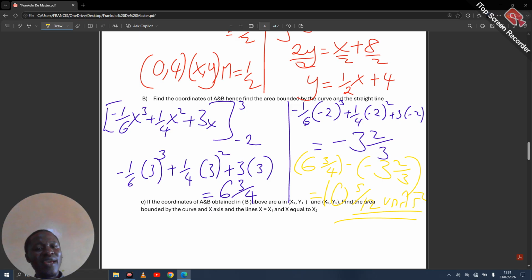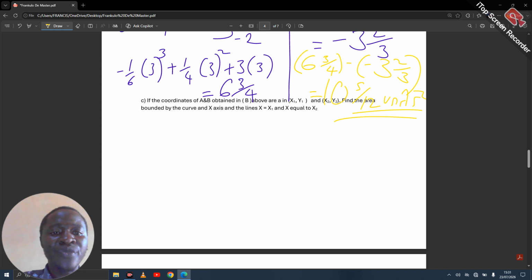Sometimes the working space can be small, so you have to squeeze your answer, and it is not a must for you to write everything. Some things you can just punch in a calculator and provide the answer to the examiner, and at the end you will be marked right.